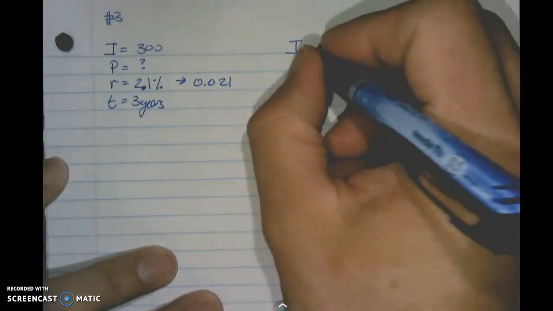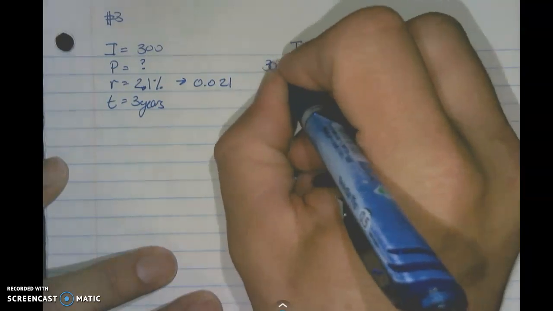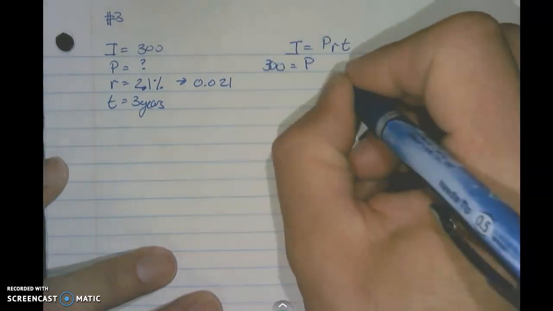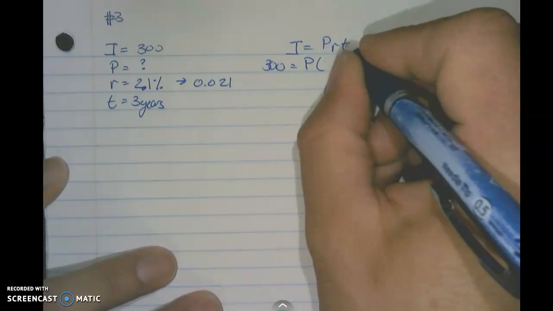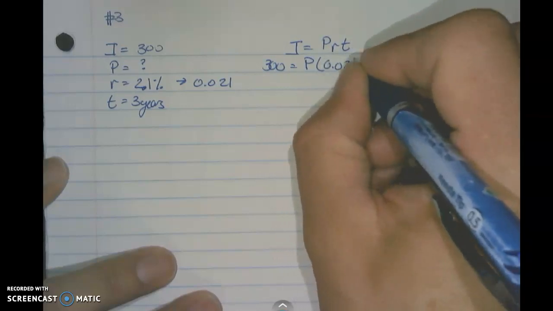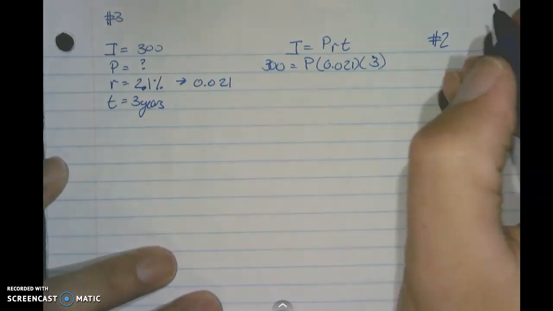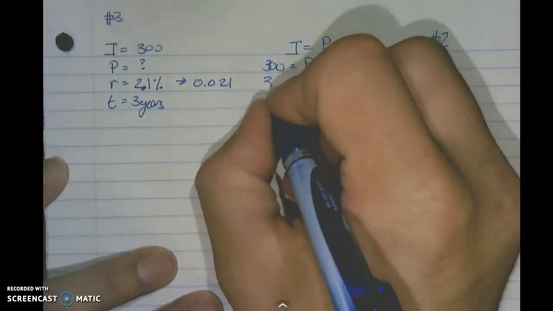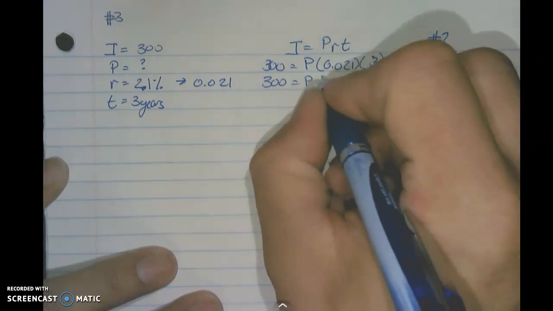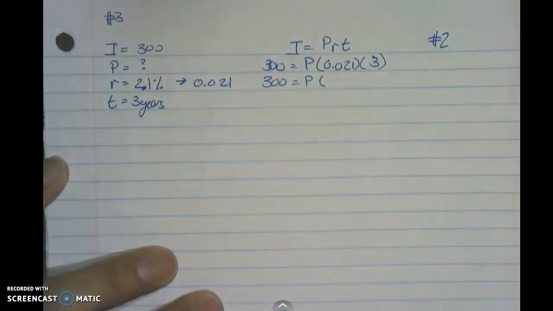All right. I is 300. I don't know my P. That's what I'm looking for. My rate, and then my time. All right. So then I'm going to go 300 is equal to P. And then I'm going to take the 0.021 times that by 3.